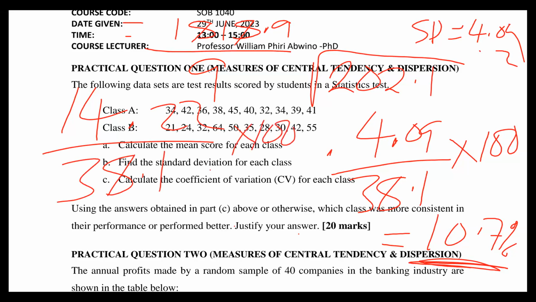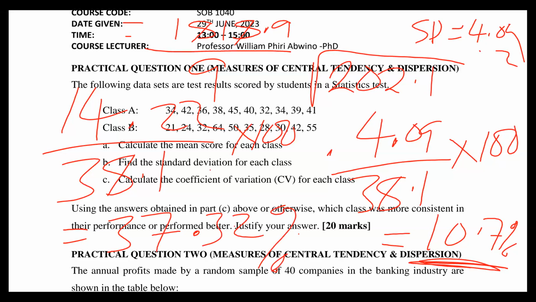What do you find? It should be a huge coefficient. 37.32%. So these are the two coefficients of variation that you have found.